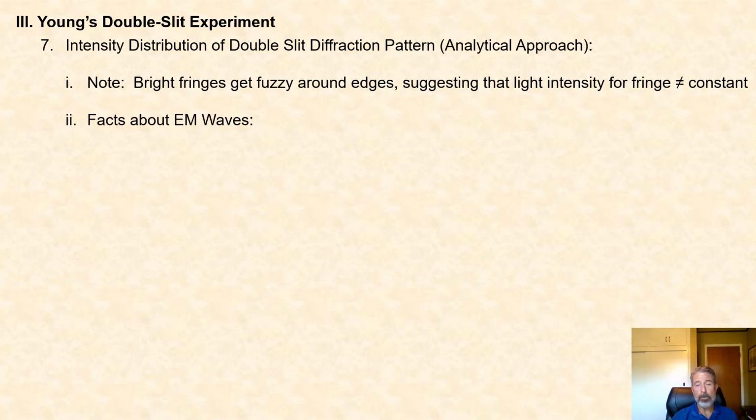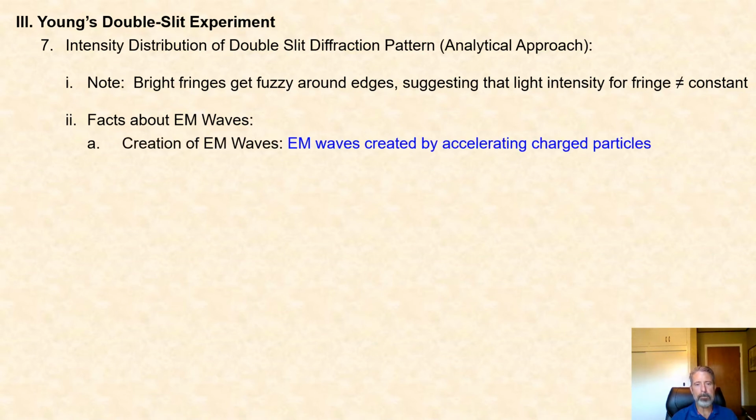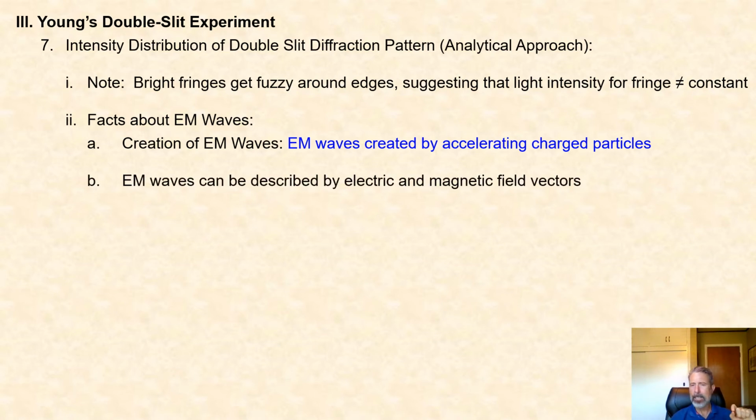So in order to do this derivation, we're going to start by reviewing some facts about electromagnetic waves. I'm sure everybody remembers this. We say that electromagnetic waves are created by accelerating charged particles. We've said it before, very important, so we'll say it again. An electromagnetic wave can be described by its combination of electric and magnetic field vectors.